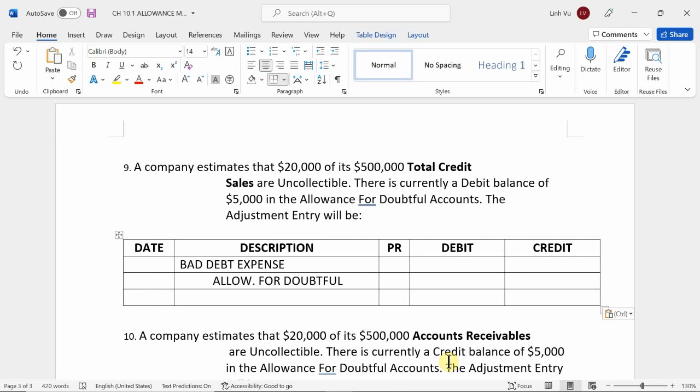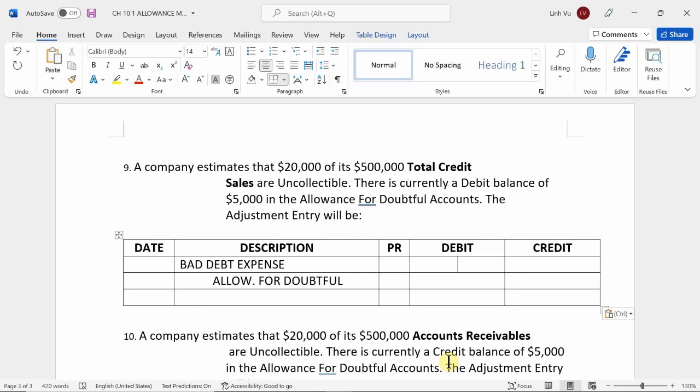So in this case, let's read this carefully again. We're looking at $20,000 worth of total credit sales. So we got the 25 from 50. Where are you getting 25?